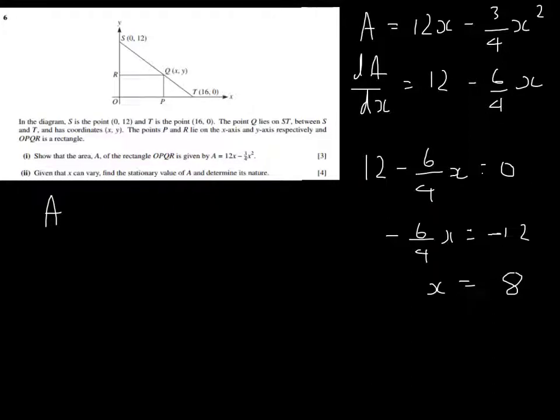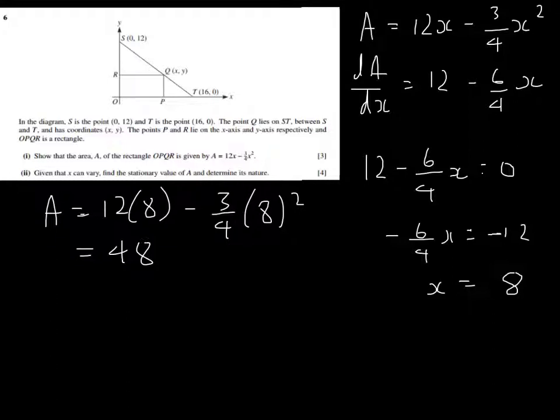So we go back to our area equation and we substitute in 8 every time we see an x. Like that, and we end up with an area of 48. So we've done two things that we need to. We've found the x value, which is 8. We've used that to find the area, which is 48.